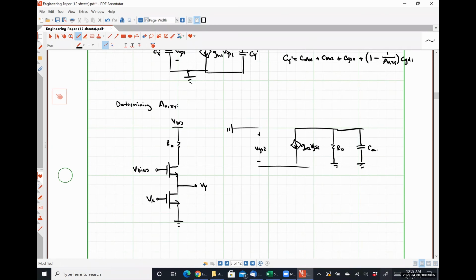Here's the out. This is the terminal that I'm looking in at. If I applied some test voltage, Vx, and called this Ix, what resistance would I see? The current flowing in, what resistance would I see?